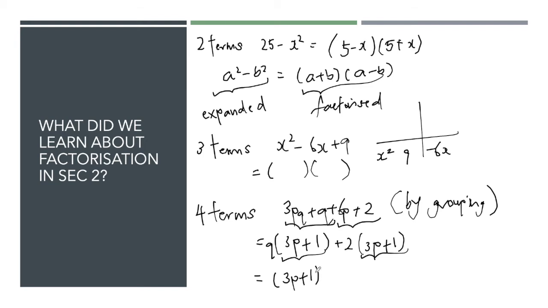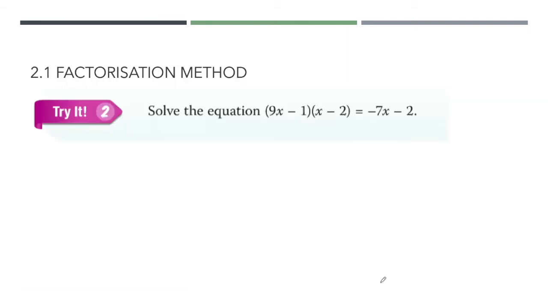You can see the bracket as a number, so we factorize it out, and what is left is q plus 2. So these are the 3 things that we learned about factorization last year. For this year, in the 2.1 factorization method, you shouldn't have an issue here unless you make some careless mistakes.